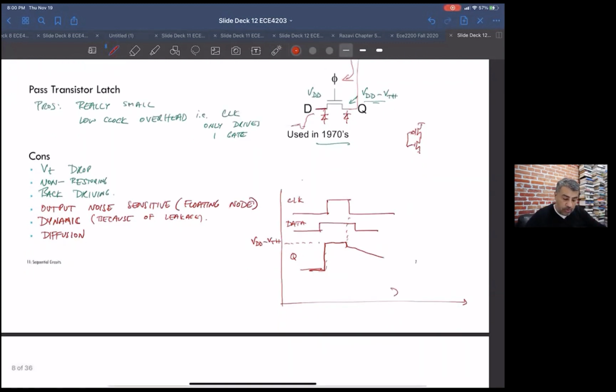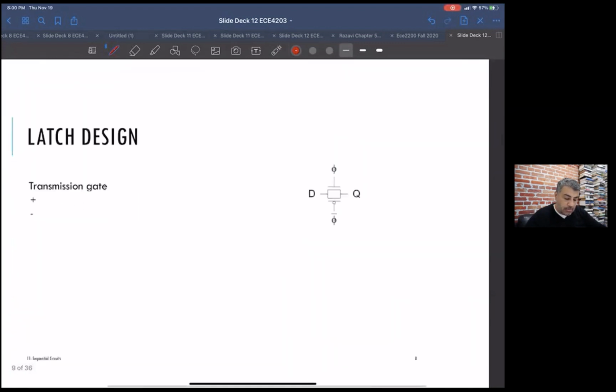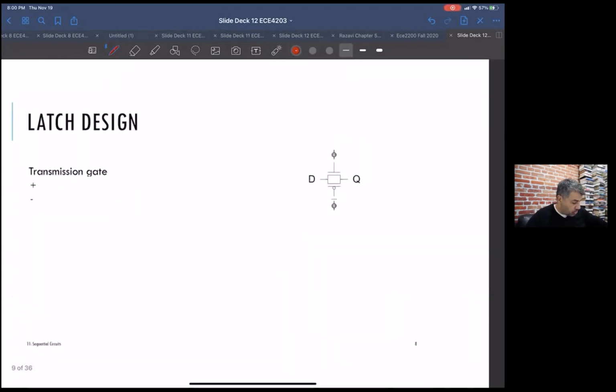Low clock overhead. So the next step was to make a transmission gate. By the way, guys, I know I'm talking a mile a minute here, but stop me if you've got questions. Don't be shy. So here you've got clock and clock bar.